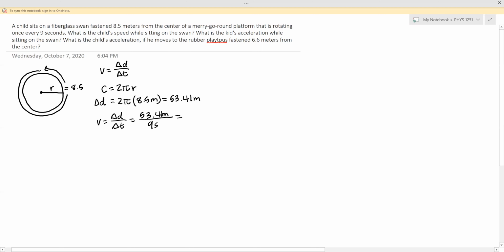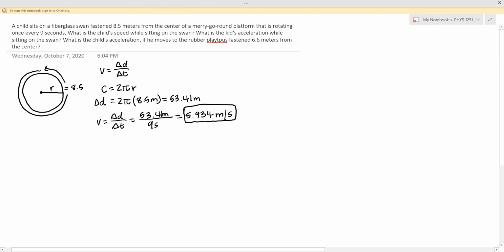So we divide those and we get 5.934 meters per second. That's the answer to the first question.